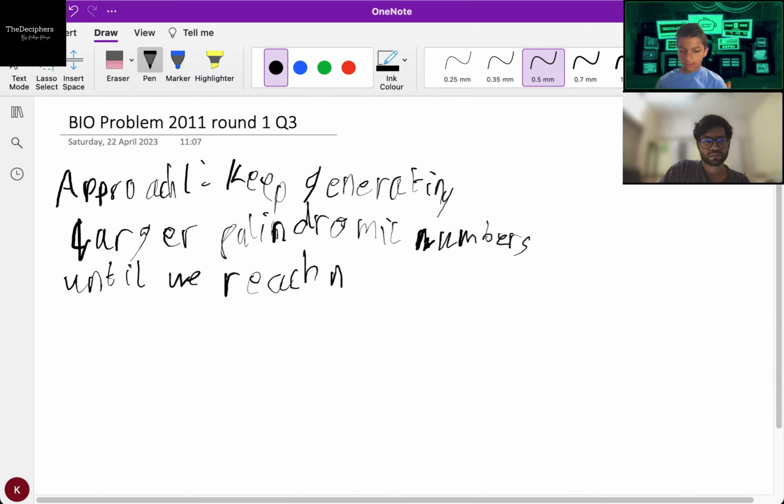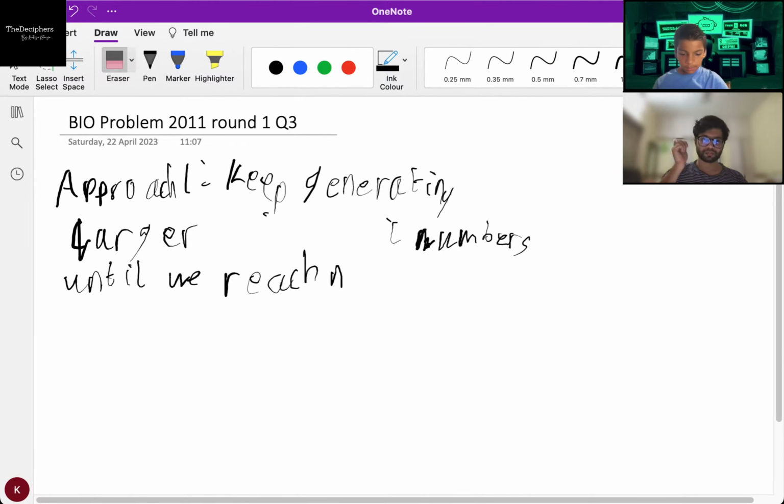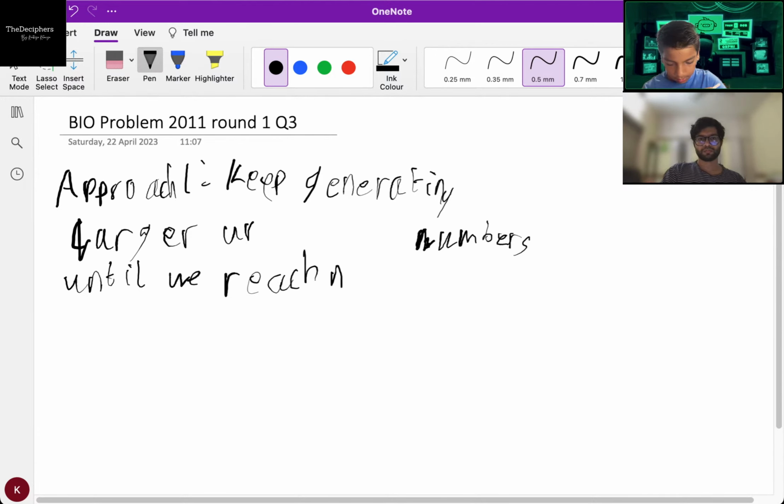So basically just keep making more palindromic, no, not palindromic, I mean upside down numbers. Keep making upside down numbers until we reach n.